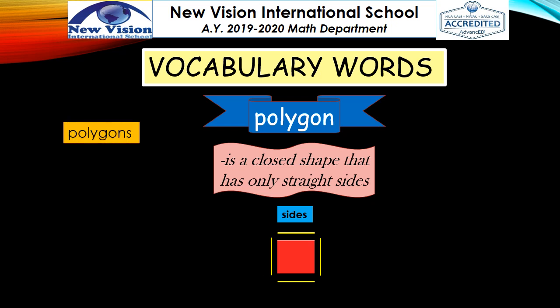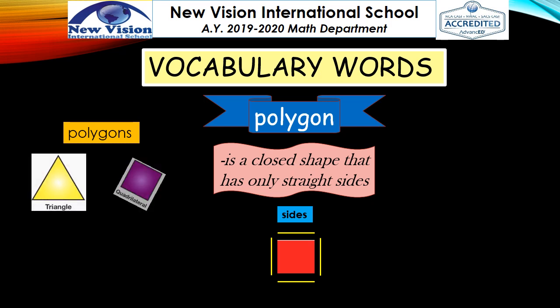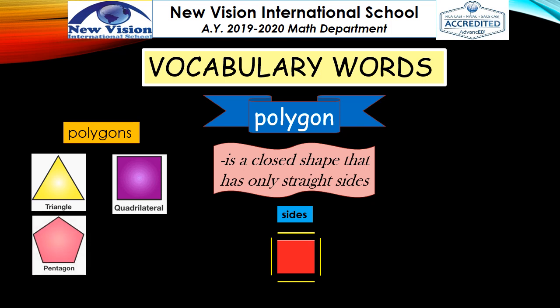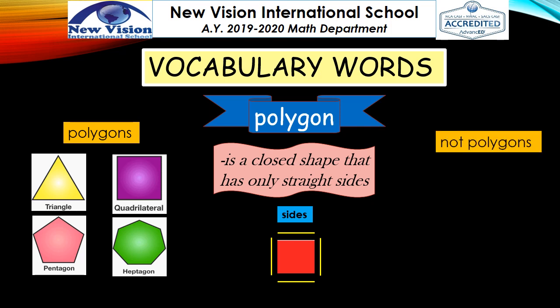So these are some of the polygons. Okay, we have the triangle, we have quadrilateral, we have pentagon, and we have heptagon. Okay, look at those shapes. They are all closed shapes. Okay, we also have here the non-polygons. What are these?